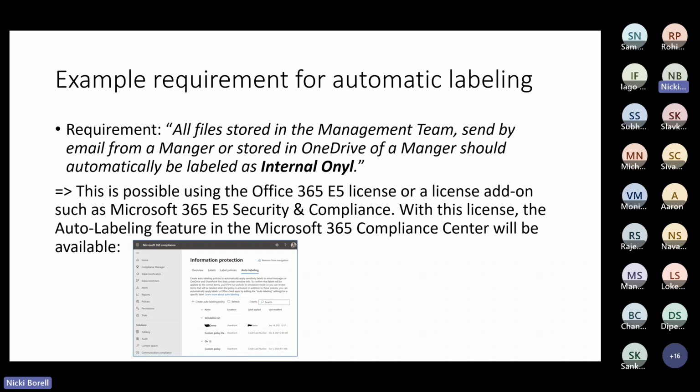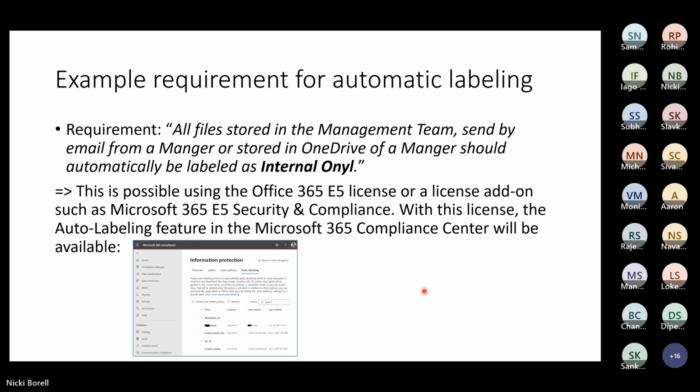To have this navigation topic available, you need at least one E5 license or one license with a security and compliance add-on, and then it's visible for all the administrators in the Purview Admin Center. Again, from a technical perspective, one license is enough to configure auto-labeling, and it works. Labels are applied. From a licensing perspective, this is not a valid setup.